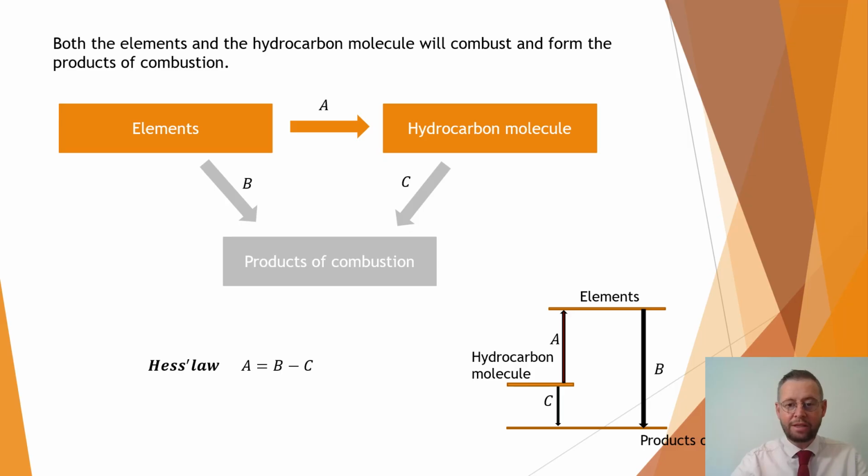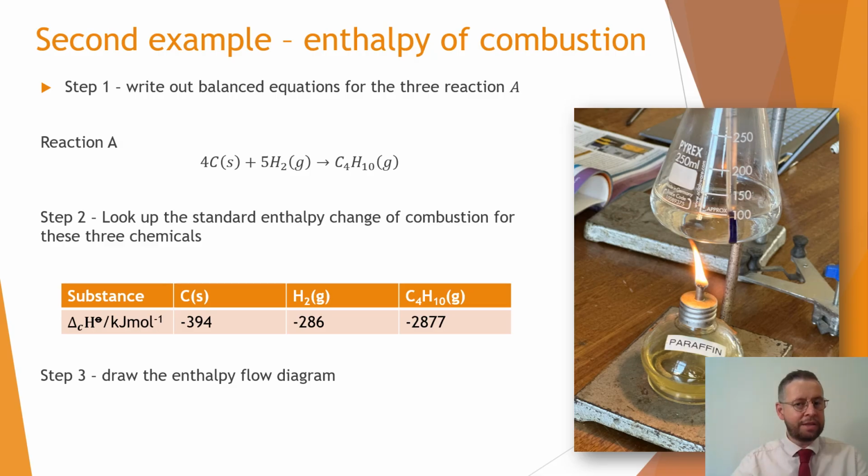Well, we can find out by looking at B and C, which are known. So specifically, if we were going to burn paraffin, and we were interested in what the enthalpy change was from the formation of paraffin from its elements, then what we could use is the enthalpy change of combustion for the carbon, the hydrogen, and the paraffin itself. The next stage would be to draw an enthalpy flow diagram.